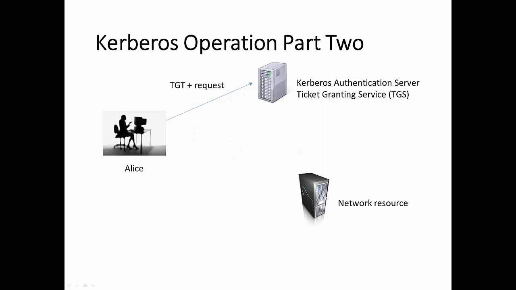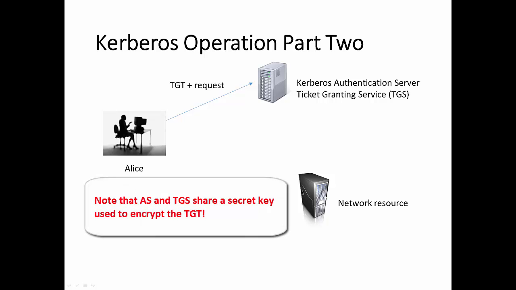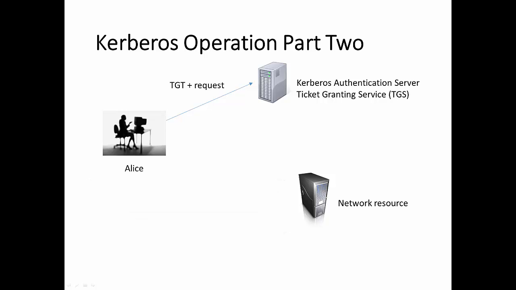So what happens is the ticket granting service, since it has access to the secret key that was originally used to encrypt the ticket granting ticket, can decrypt it. It contains a session key, which is the same as what Alice just received from the Kerberos authentication server.